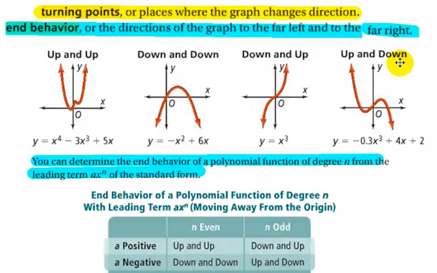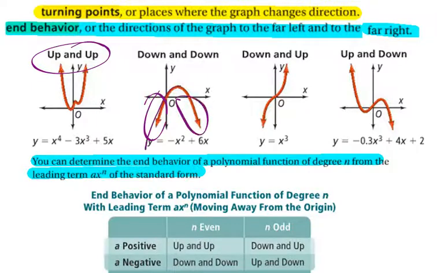It's the directions of the graph to the far left and the far right. So this starts going up and it ends going up, so we call that an up and up end behavior. This one begins down and ends down, so it's a down and down. This one is a down and up, an up and down.